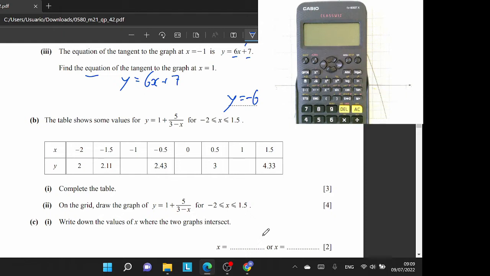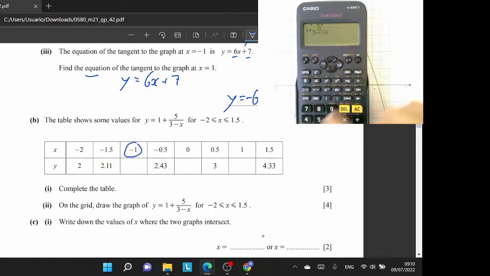Question 6b, we complete the table. That is very quick to do on your calculator if you press the right buttons. Let's see, our equation is 1 plus fraction 5 over 3 minus, and the first value we want to put in there is a -1.